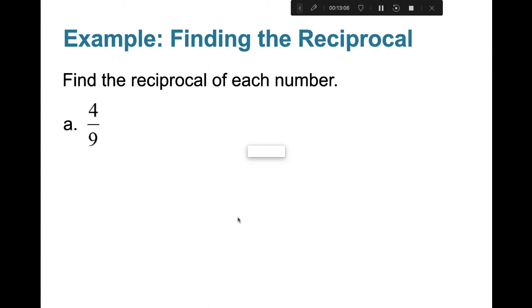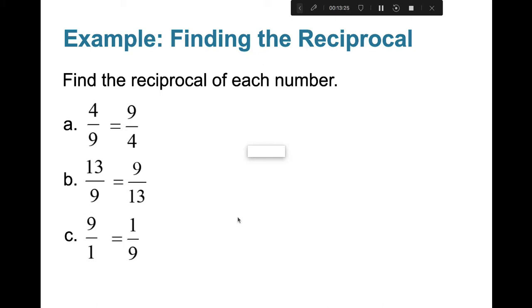So it says find the reciprocal of each number. What's the reciprocal of 4/9? 9/4. So simple. What's the reciprocal of 13/9? 9/13. What's the reciprocal of 9/1? 1/9.